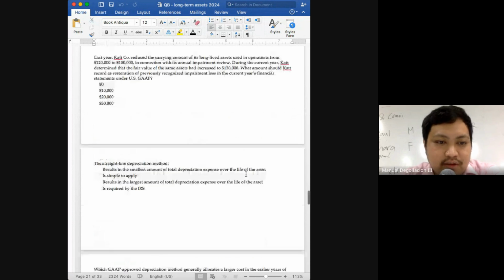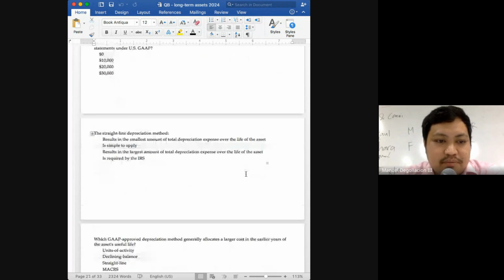Next, the straight line depreciation method. The question is really looking at the straight line depreciation method. The answer here again is that it is simple to apply.